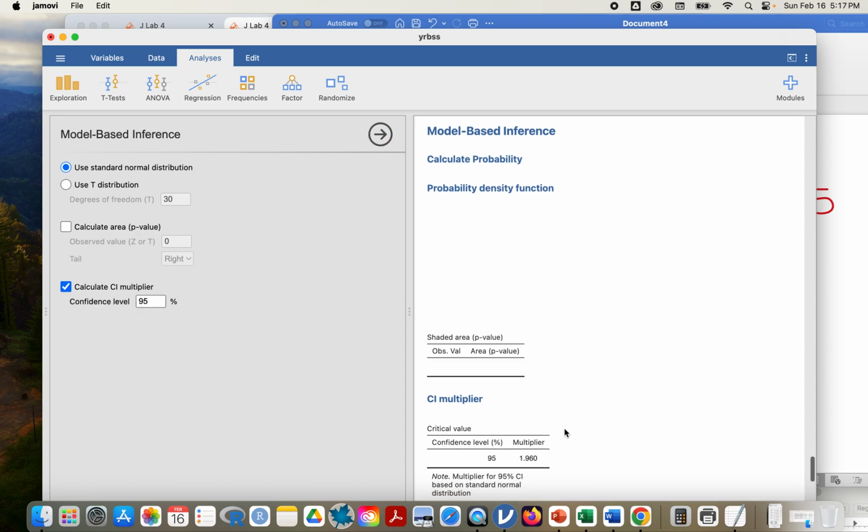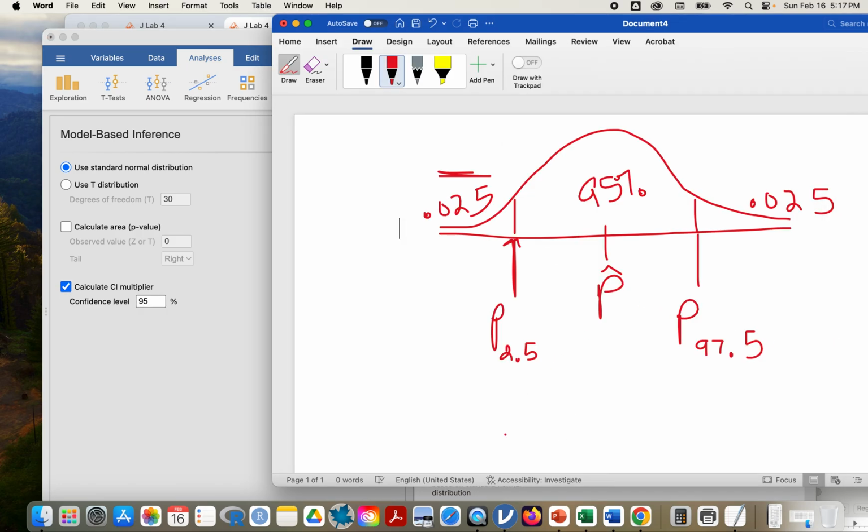I click on that, and you'll see we get the 1.96. So the multipliers for the confidence interval would be 1.96, but they're also the critical values for hypothesis testing. So if your alpha were 0.025, your critical value would be negative 1.96.